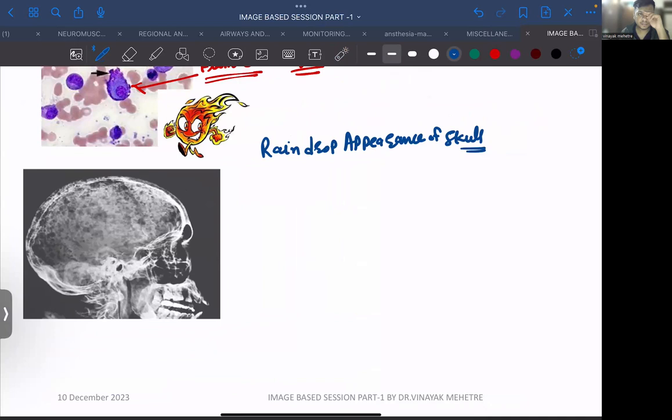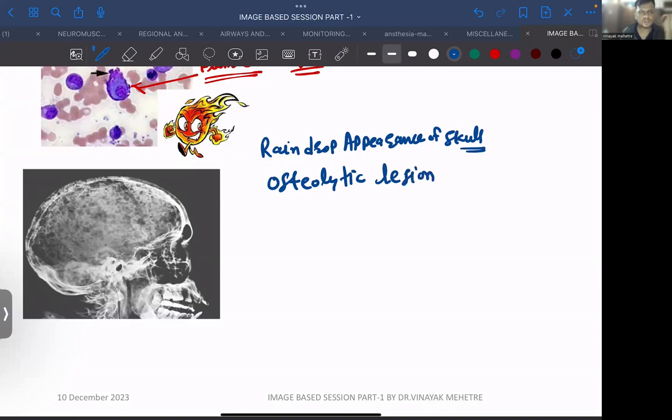Which lesions of bone occur? Anyone? It has come before, it is important. Thalassemia and multiple myeloma are important. It is osteolytic lesion.